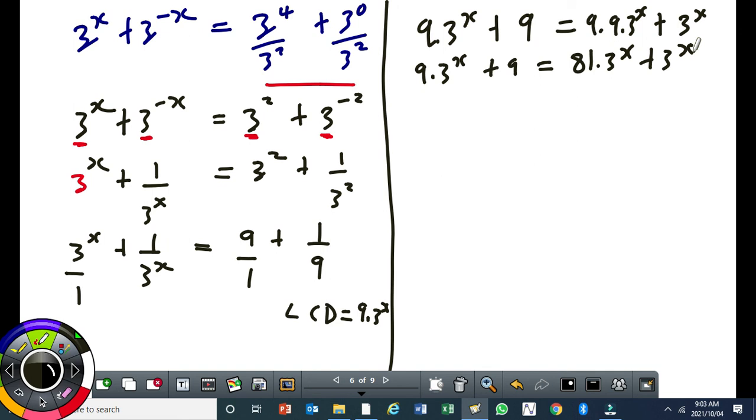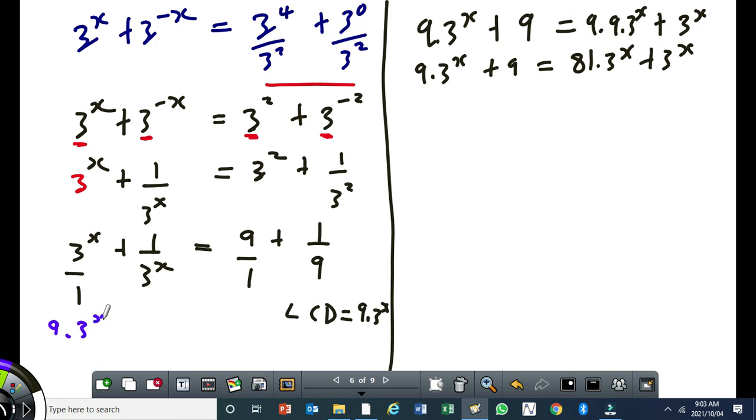You see this 3 to the power of x here, it's part of my LCD. So if I do this, maybe I made a small mistake, but let me check that. So 9 times 3 to the power of x times 3 to the power of x over 1. Okay, I'm not getting 9 there. So this is supposed to have another 3 to the power of x.